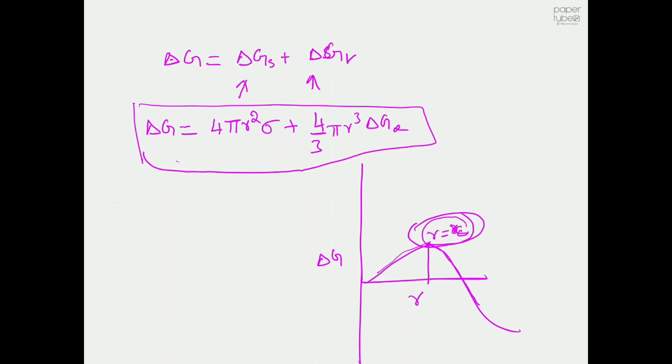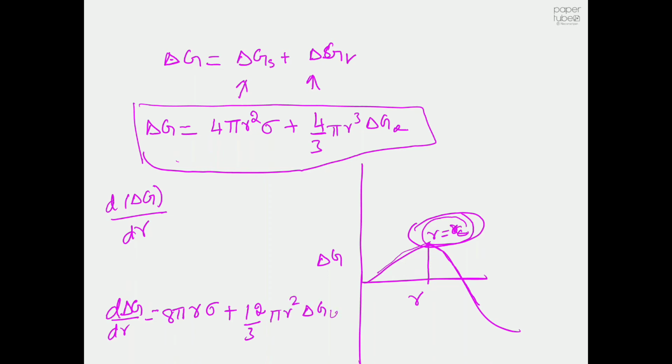So what we are going to do is differentiate delta G with respect to the radius. So d delta G by dr will be equal to 8 pi r sigma plus 12 by 3 pi r square delta GV.